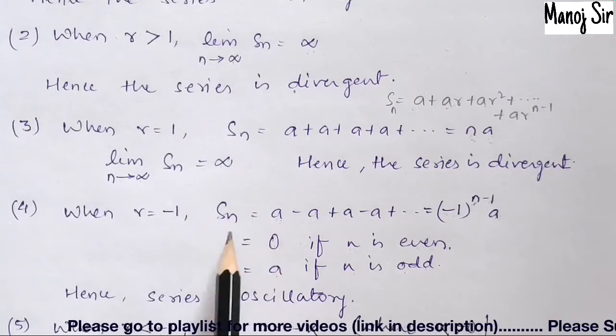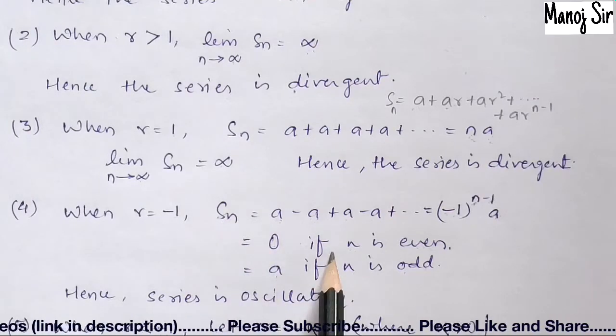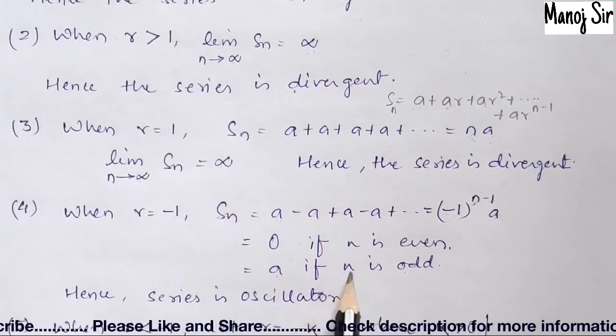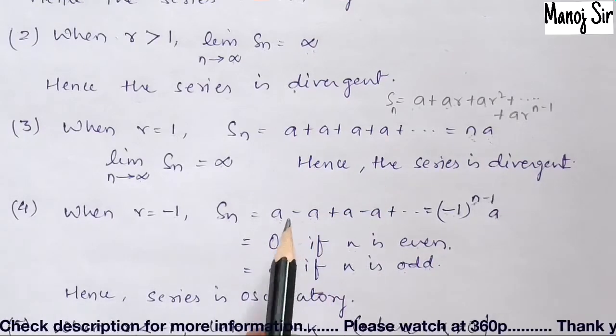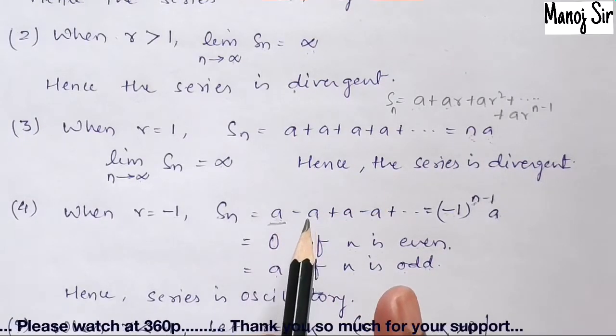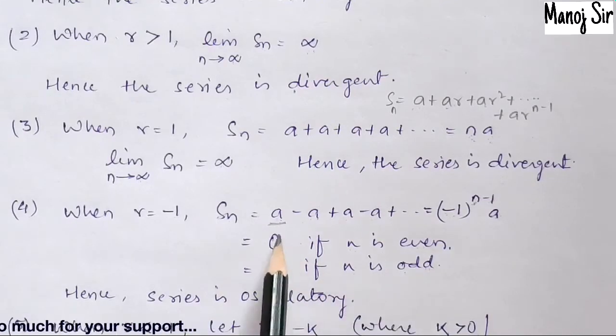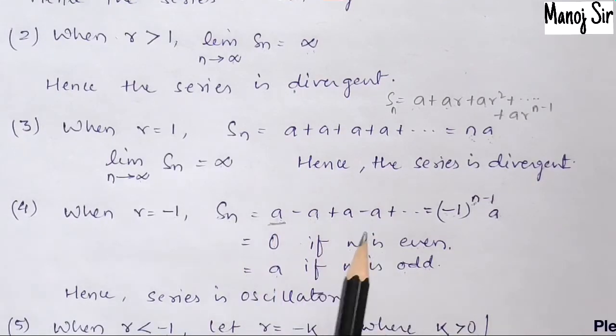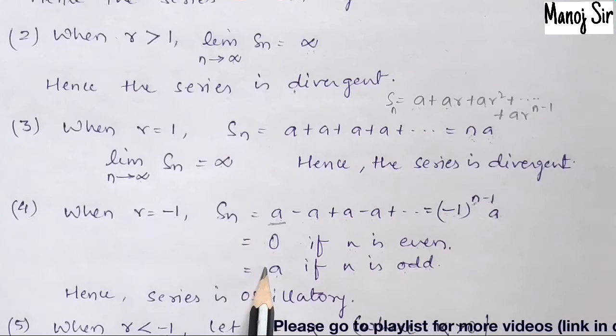Then Sn is equal to 0 if n is an even number. But if n is odd, then 1a is always going to be there, so Sn is equal to a.